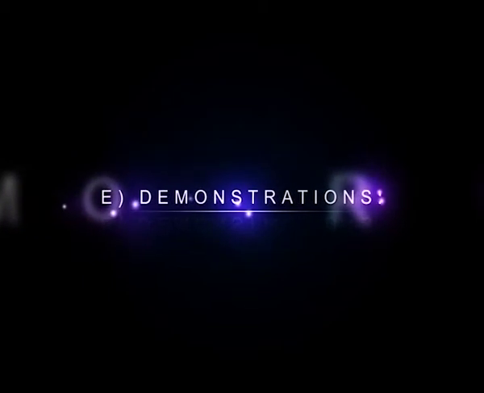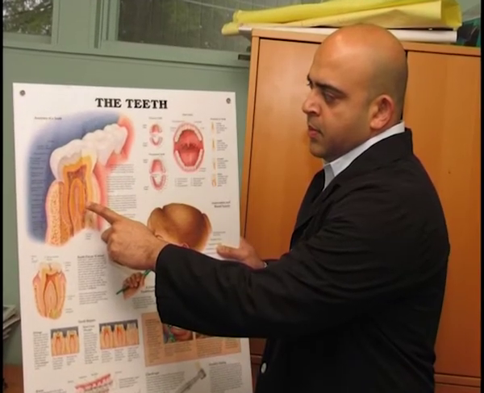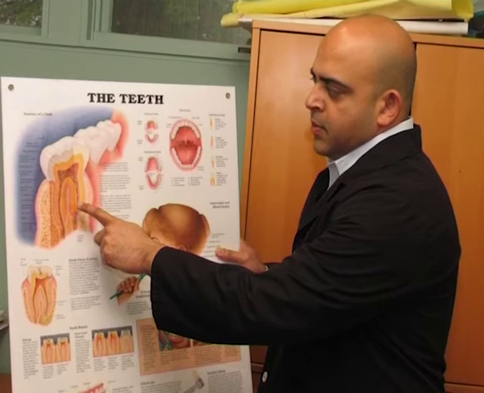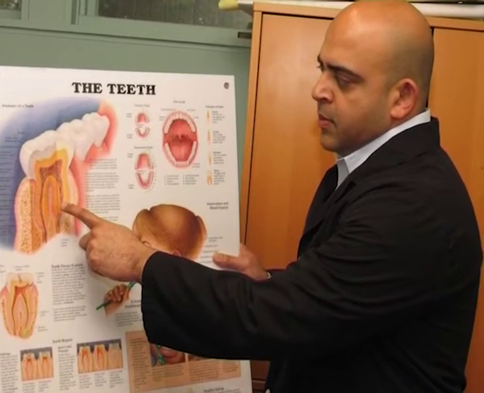After this, we have demonstrations. A demonstration is a step-by-step procedure that is performed before a group. It involves a mixture of theoretical teaching and practical work. It is used to show how to do something.